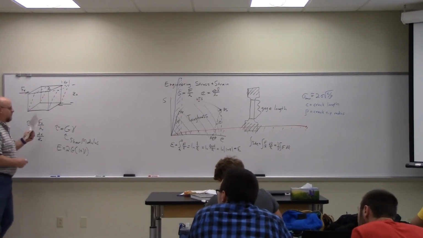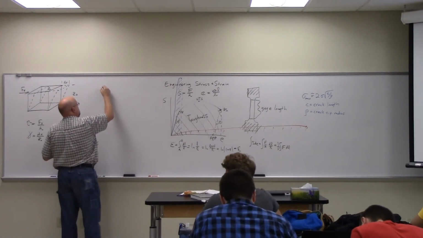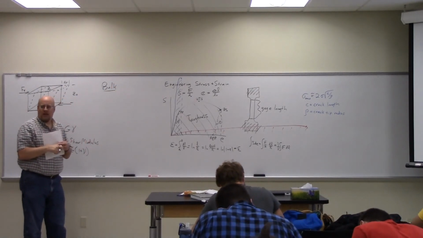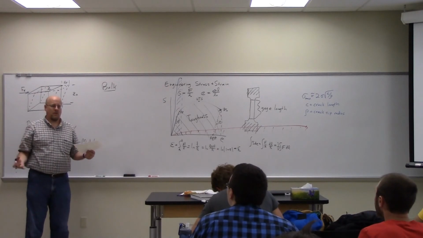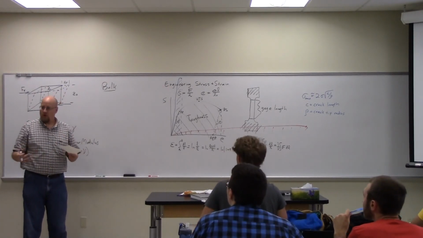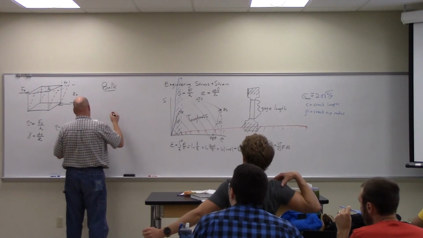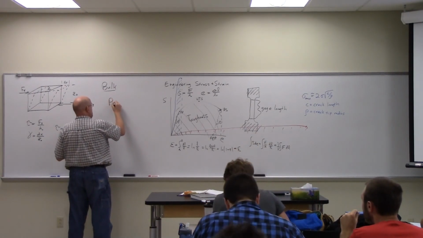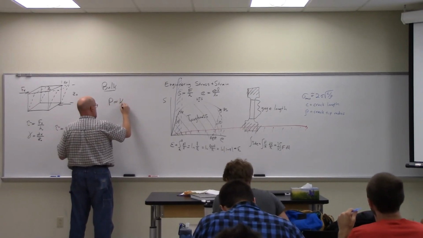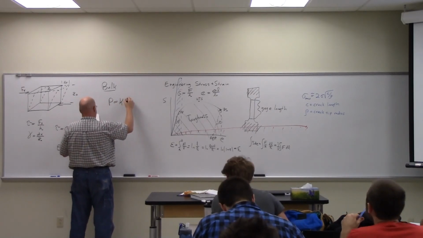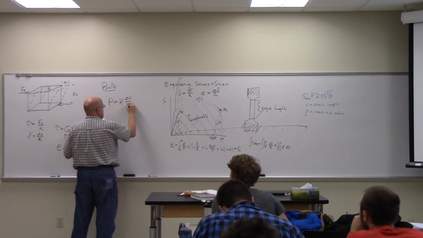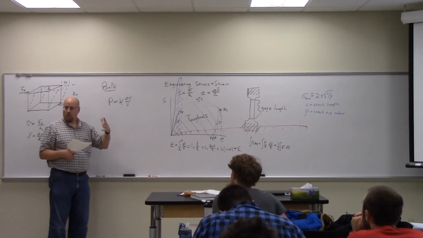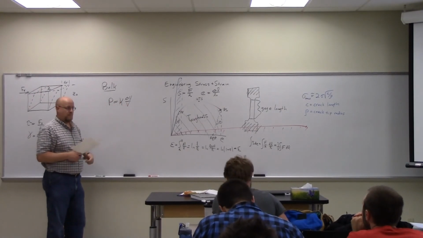And for what it's worth, that's in shear. In bulk, that is, if I subject something to hydrostatic loading, I drop something at the bottom of the ocean, so it's being squeezed equally on all sides, the hydrostatic pressure is equal to a constant K, which is the bulk modulus, times delta V over V. So now instead of delta L over L, we use delta V over V, because it's squeezing equally in all directions, so we just use the change in volume.